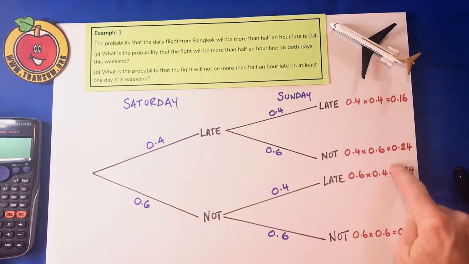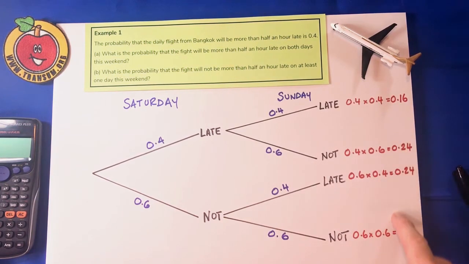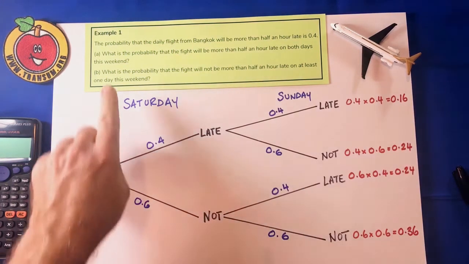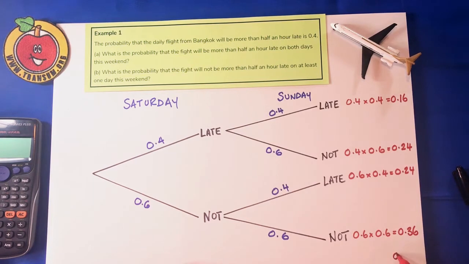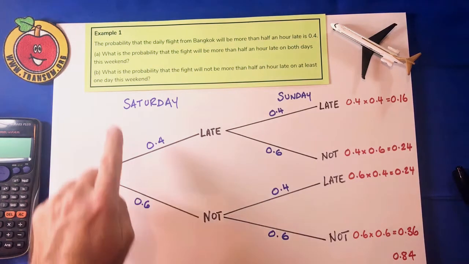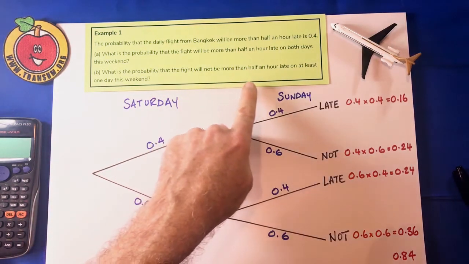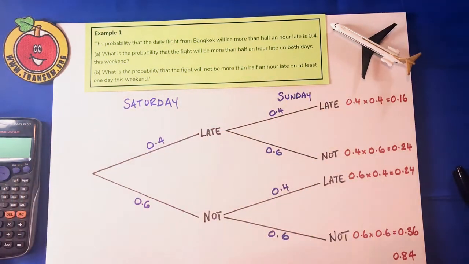So what we do here is we add these three probabilities together, and that's how you get the answer to part B. So those three decimals added together is 0.84, and that's the probability that the flight will not be more than half an hour late on at least one day.